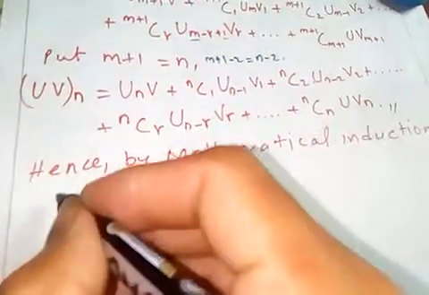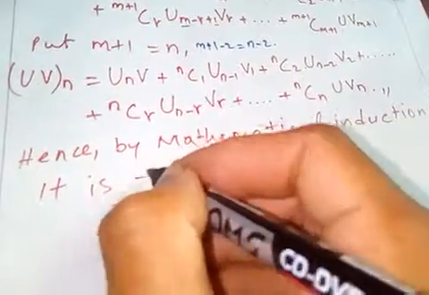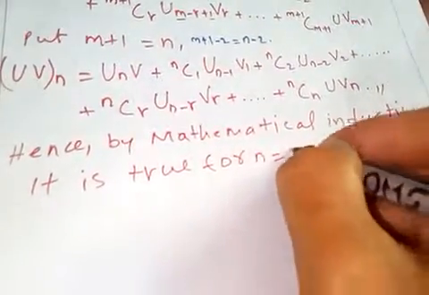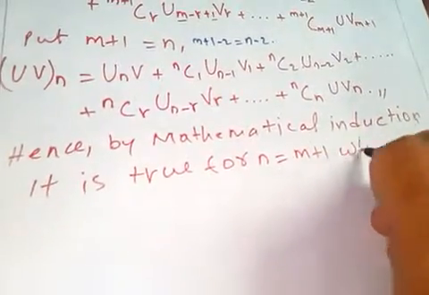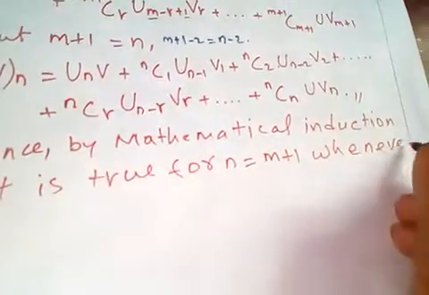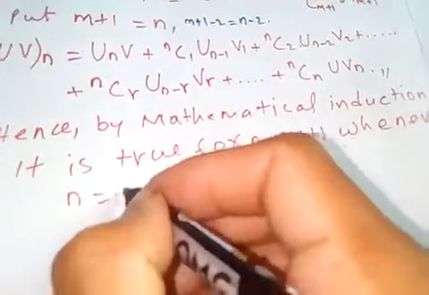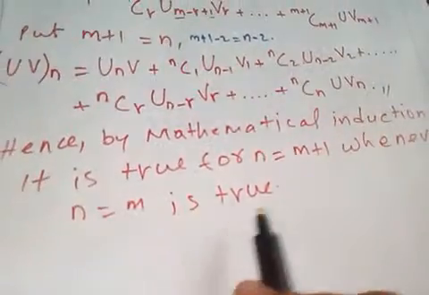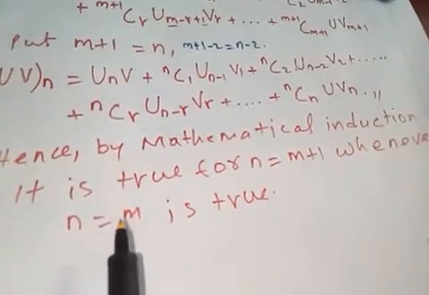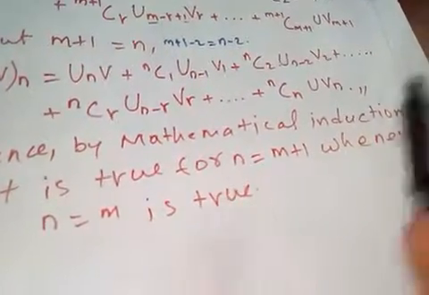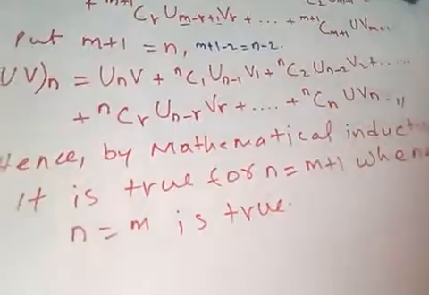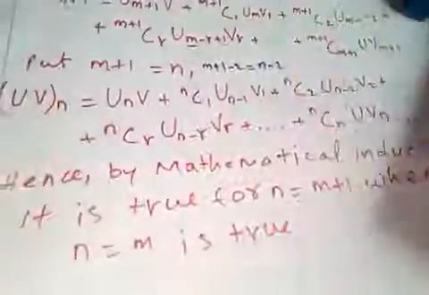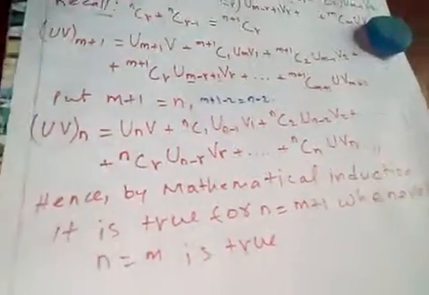Hence, by mathematical induction, it is true for n equal to m plus 1 whenever n equal to m is true. So what I mean is, if n equal to m is true, that means n equal to m plus 1 is also true. Okay, here we get that n equal to m, and this is our last result.